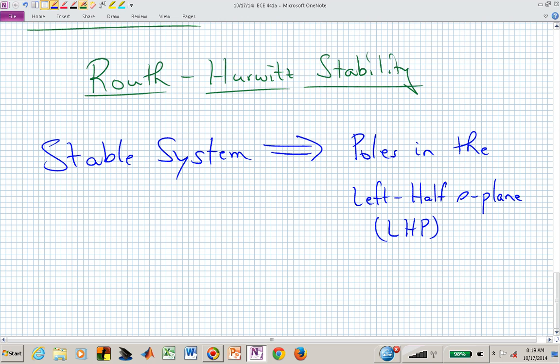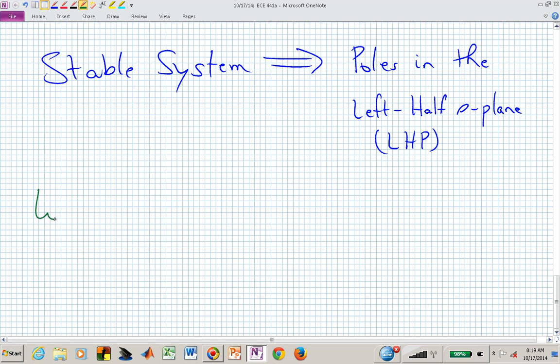What we are wanting to do today is learn a technique that avoids having to factor a polynomial.